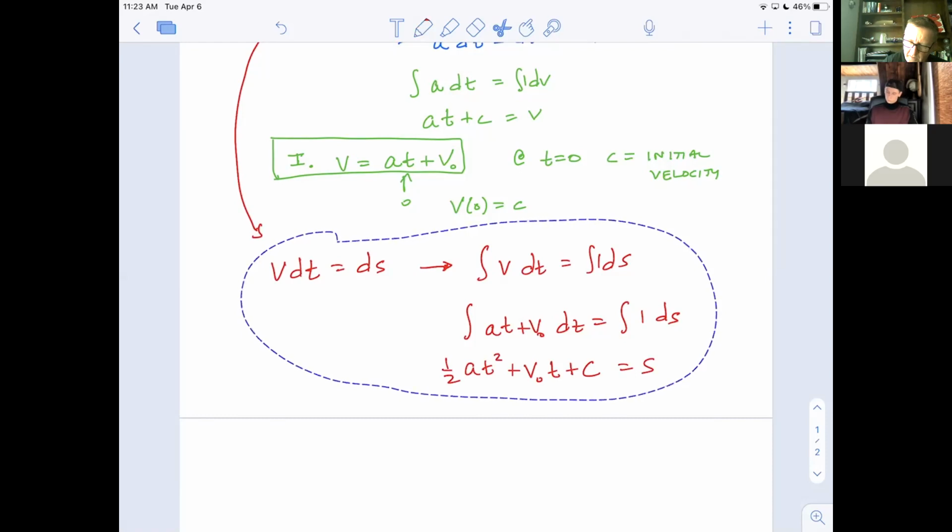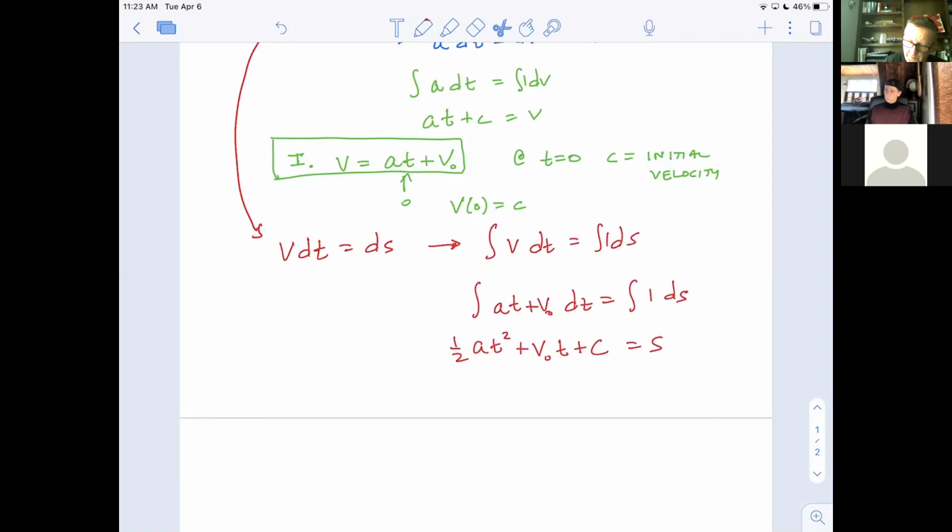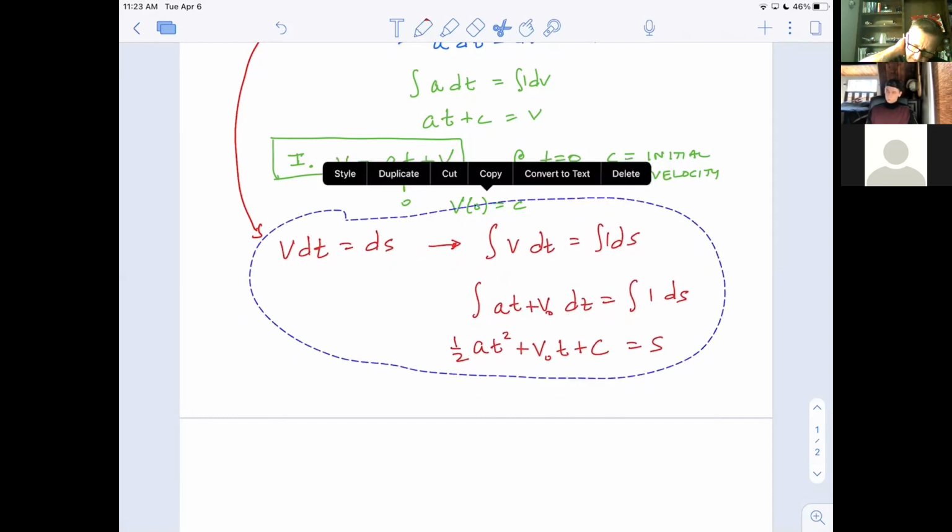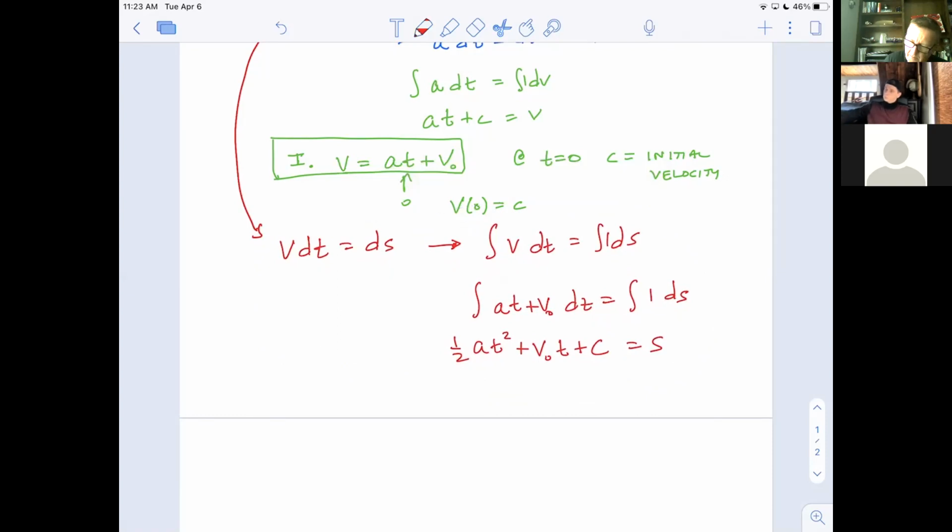So again, these should not look entirely new to you. You should find yourself thinking, oh yeah, I remember seeing those. So our second powerful equation, our second recipe, is, if you want to know what your position is, well, your position would depend on all kinds of things. It would depend on your velocity, it would depend on the time, and it would also depend on where you started.